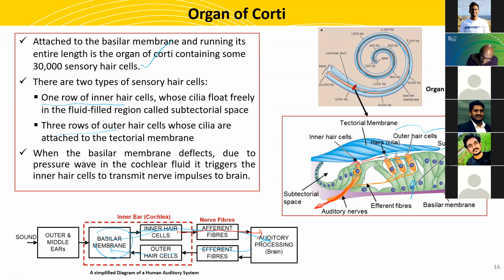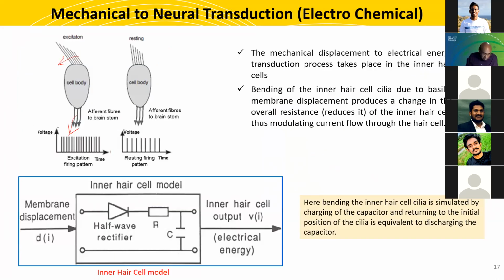So you can model the hair cell by basically having a half wave rectifier with a simple RC capacitor charging and discharging method. That simply works without any problem. There are complicated models available, and they don't improve anything better than this one.